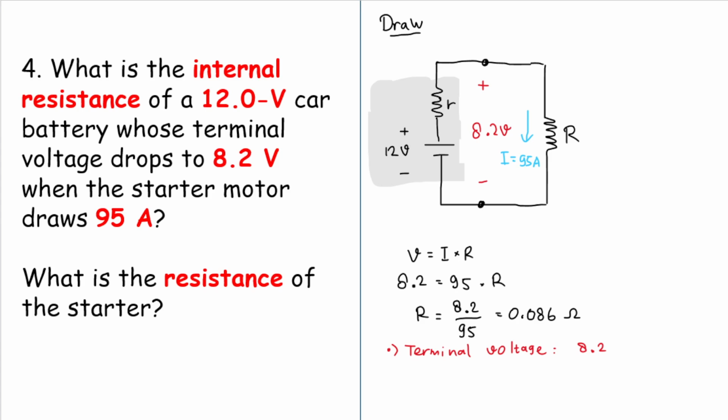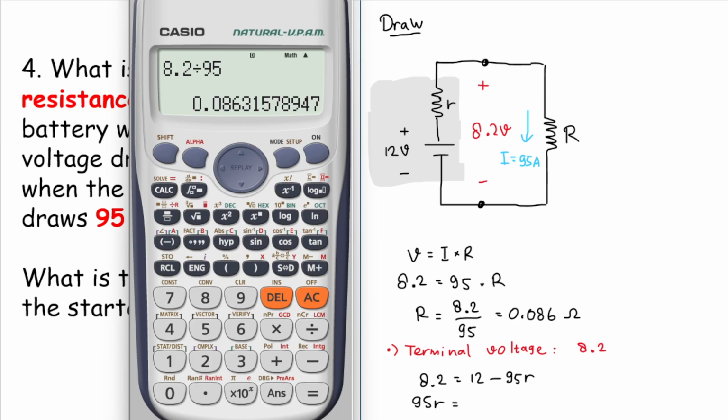But that 8.2 comes from 12 volts, and then there is a voltage drop across the internal resistance. So I'll have minus 95 amperes multiplied by small r. And so we have 95 r is equal to 12 minus 8.2.